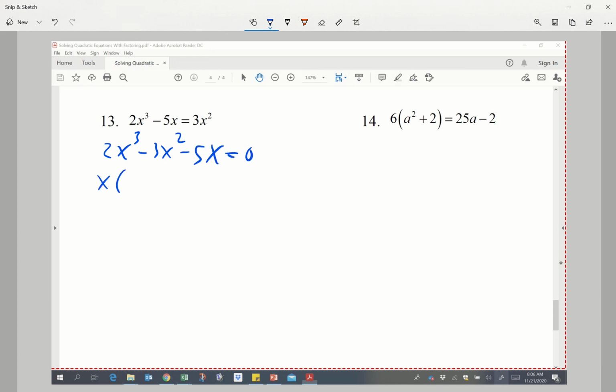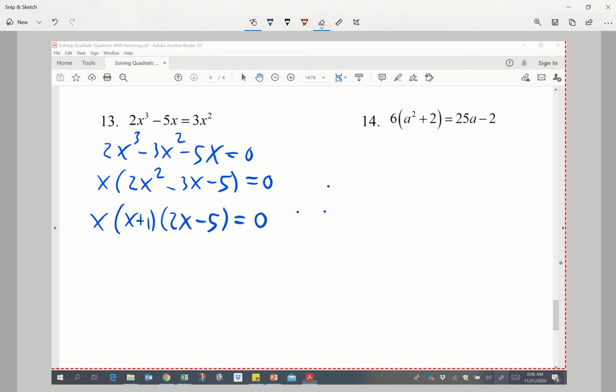We noticed that we had a GCF of x, which we could factor out. That left us with a 2x squared minus 3x minus 5 equals to 0. From there, we were able to factor this trinomial. We said that it factors as x plus 1 times 2x minus 5 equals to 0. And now we're going to apply the zero product rule, so the zero product property.